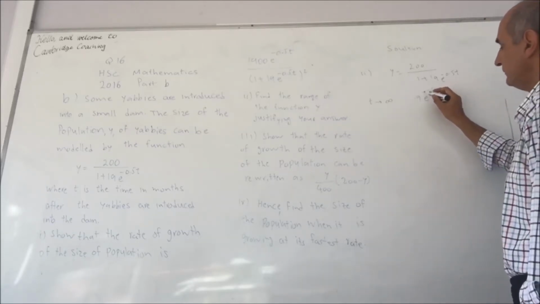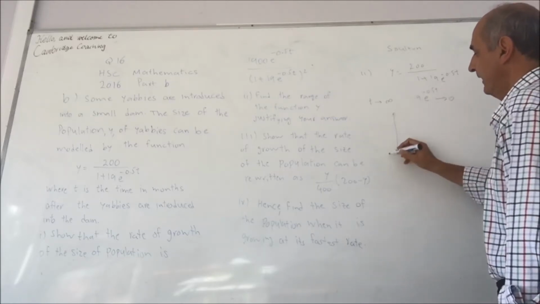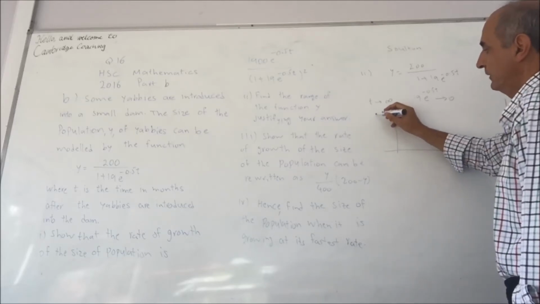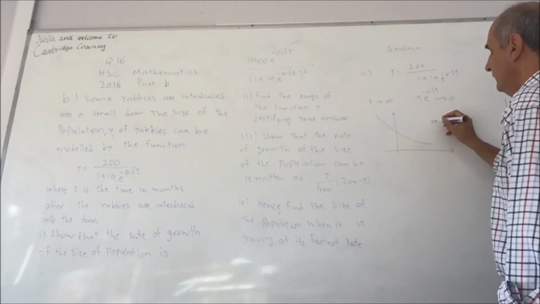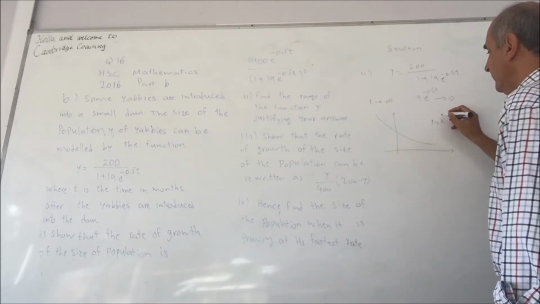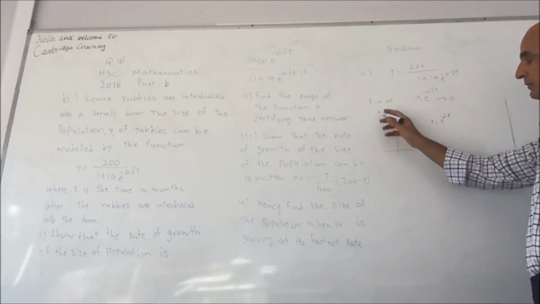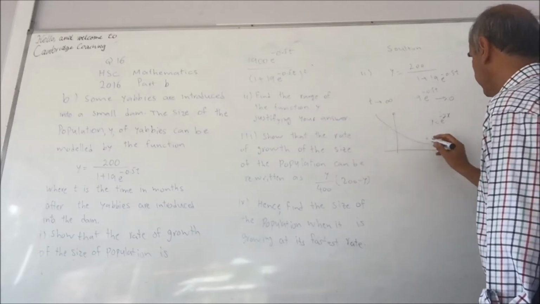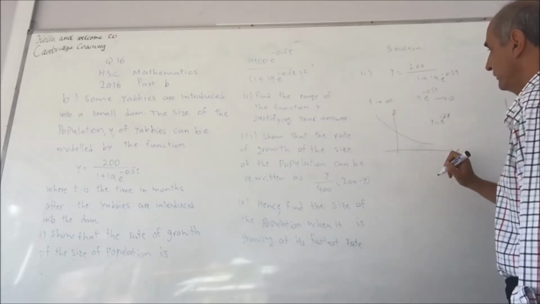Because when you have an exponential function with a negative power, for example y equals e to the minus 2x, the graph is a decreasing function, and as x goes to infinity, y approaches 0.